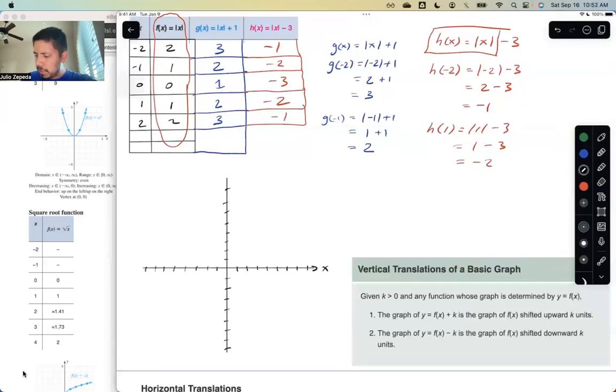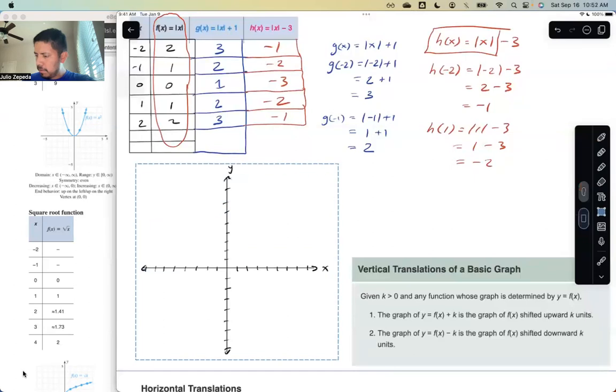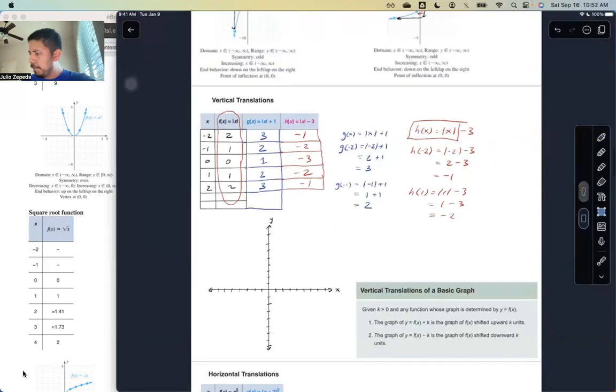This is the x axis. This is, I'll call it the y axis, and then we'll copy this just to make sure we have one handy.